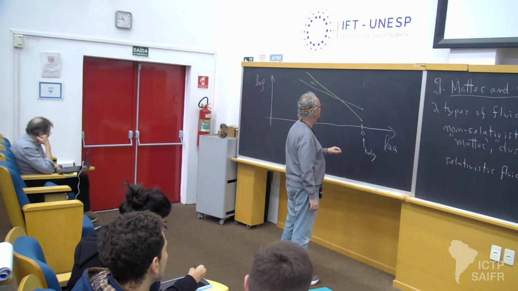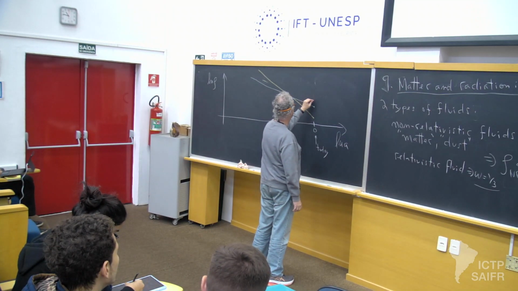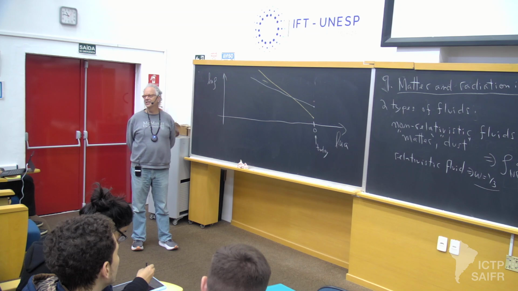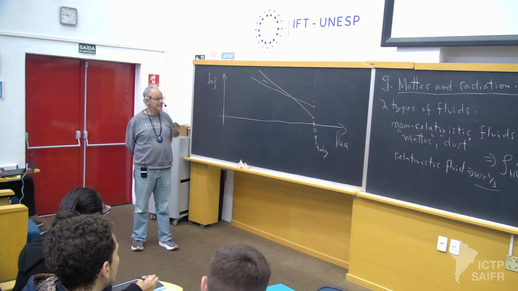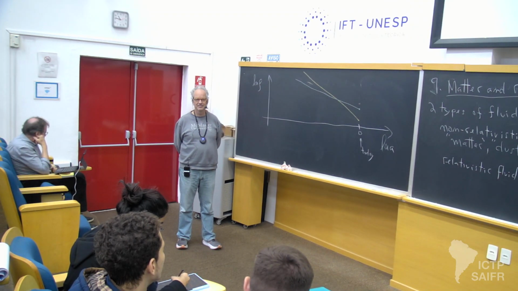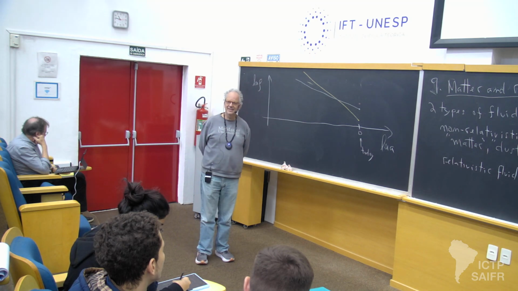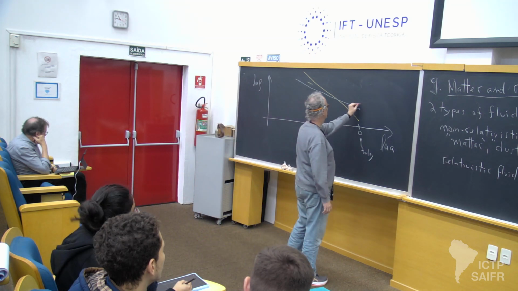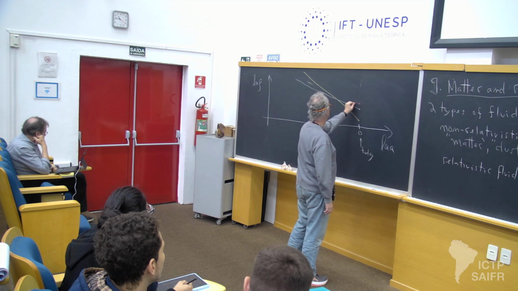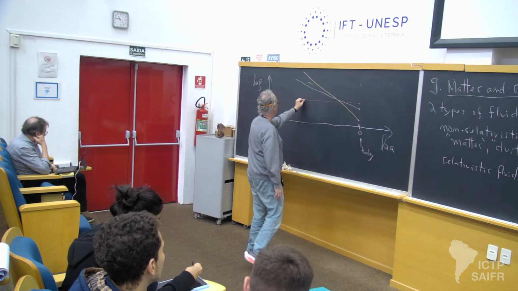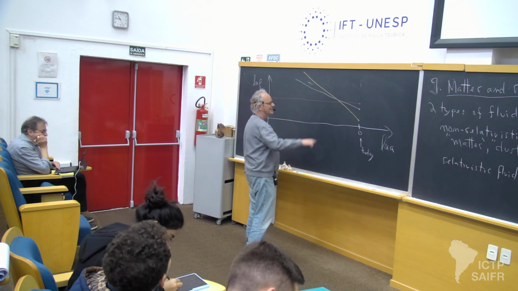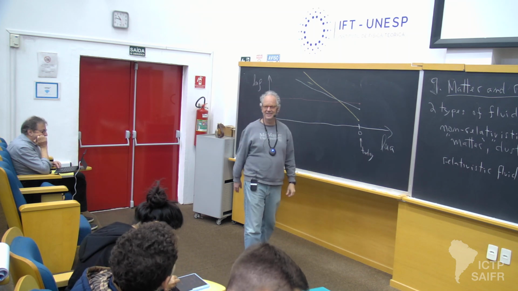It so happens that today, the energy density of the cosmological constant is larger than matter and radiation. How do we know that? Measurements. And it's a constant. Sorry about the drawing. It's a constant, okay?